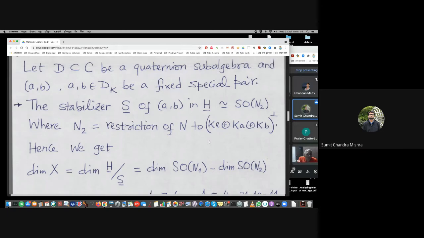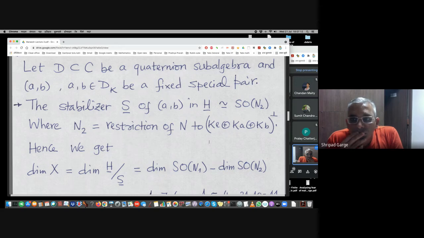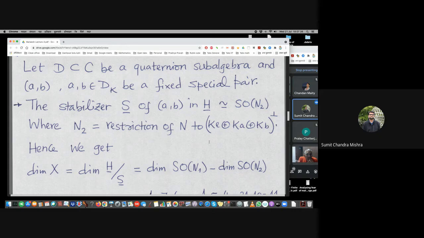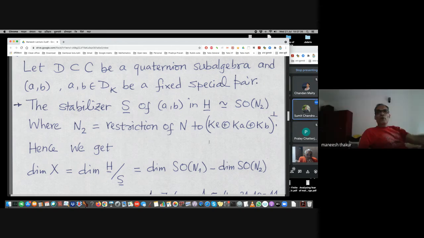Hello, I have a question. Yes. So why don't we also have KE plus KA plus KB plus KAB there? Because then I guess the dimension will decrease. We don't seem to have any bias against KAB, but we want to compute some dimension. What is the question, Sumit? I'm saying that when we are defining N2, we are taking the span generated by E, A and B. So AB will also be fixed, right?